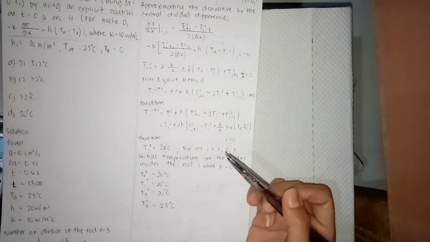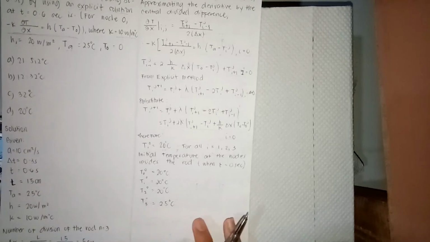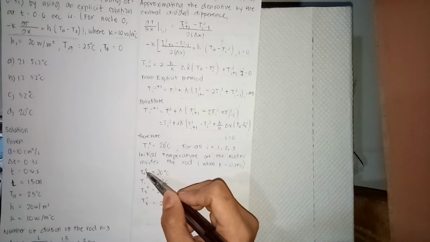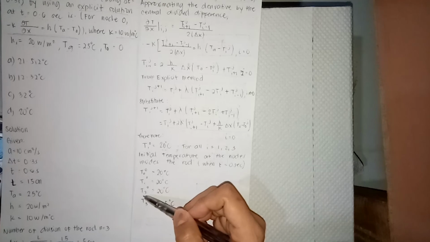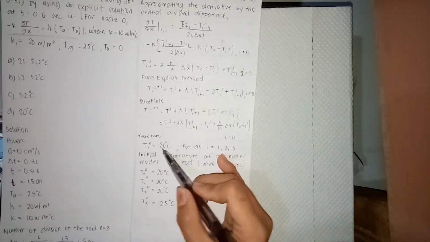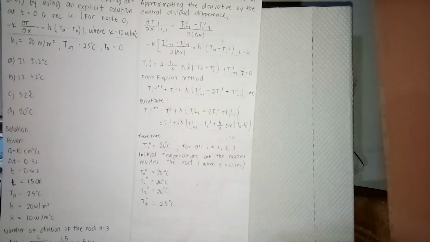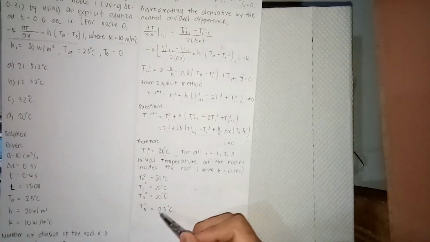So the result is, for our temperature 0 at node 0 is 20, since we already discussed that all the temperatures inside the rod are 20 Celsius, except the temperature 3 at node 0, because it was 25 Celsius.